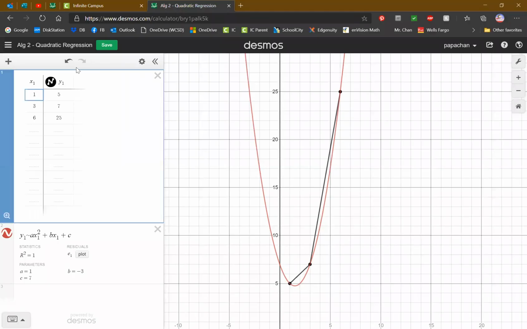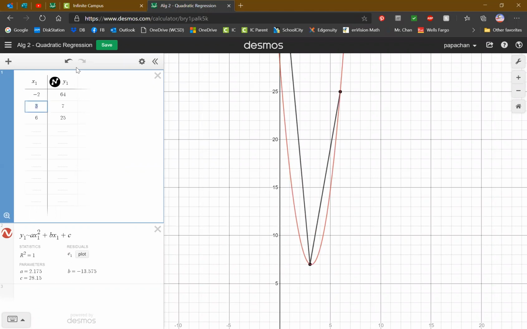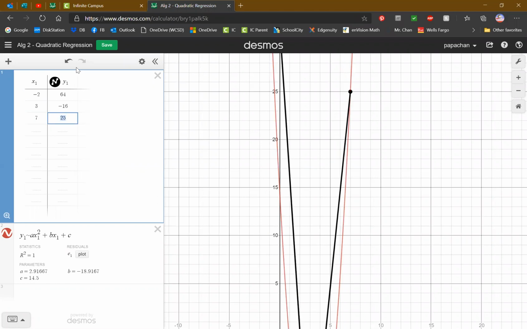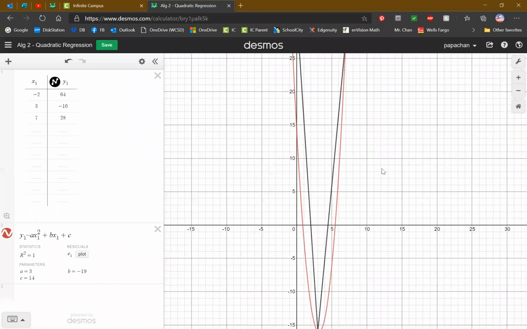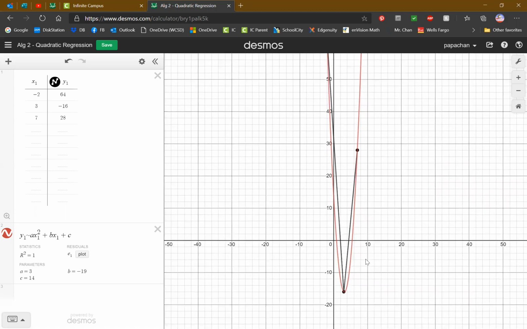They are negative 264, negative 16, and 728. I'm going to have to zoom out a little bit here. Whoa, there it is. And I have the answer, yay, 3x squared, negative 19x, and 14. There it is, folks. That's great.